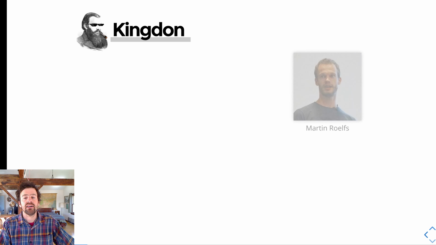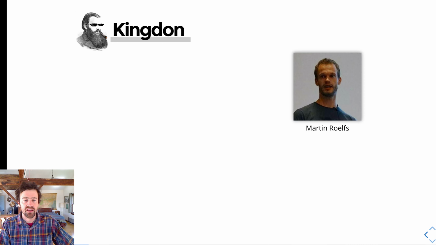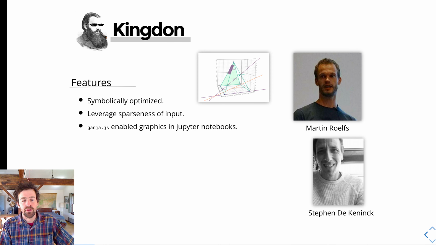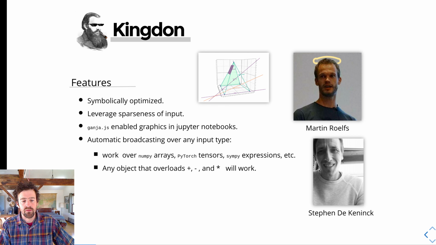Kingdon is developed by Martin Rolfs, and it's a fresh implementation, and it's symbolically optimized. It leverages sparseness of the input, and it has really nice graphics thanks to Ganja.js, which is created by Steven De Keninck. This enables a lot of visualization, which is super helpful.